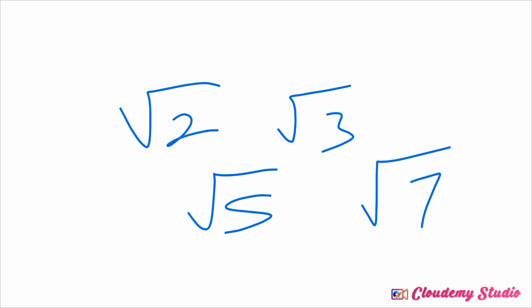So these are irrational numbers. If you put root 2, root 3, root 5, root 7, they will give you a number that has infinite digits after the decimal point, and they are non-repeating numbers.